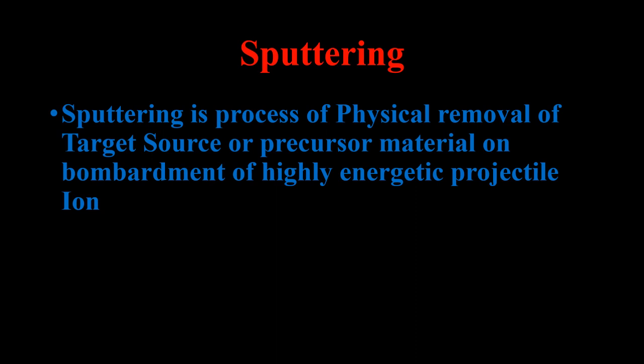If the energy of the projectile ion is less than the binding energy of the source material, there will be no physical removal of the atoms or ions from the source material. Okay, so another key factor is the energy at the surface and the energy inside the source material.